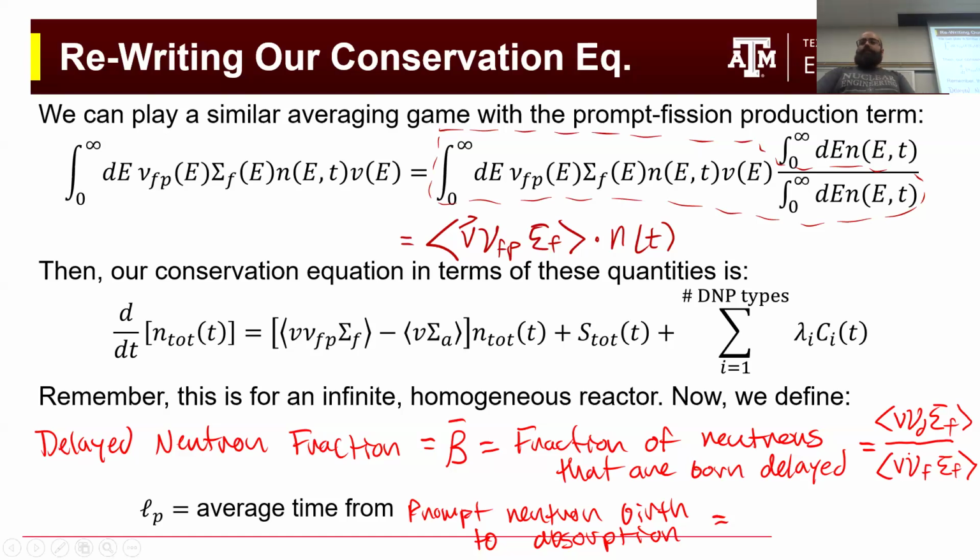And that's where the average of v times the absorption cross section had those units of inverse time. If we flip it and do 1 over that, we're going to get something with units of time, and that's exactly what L_P is. It's 1 over the average of my speed times my absorption cross section.